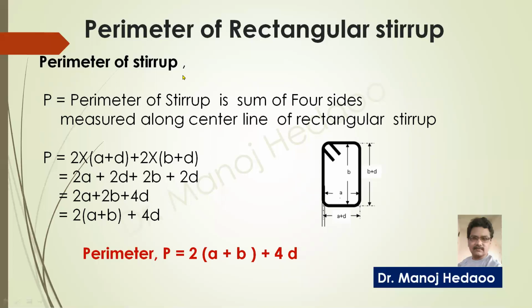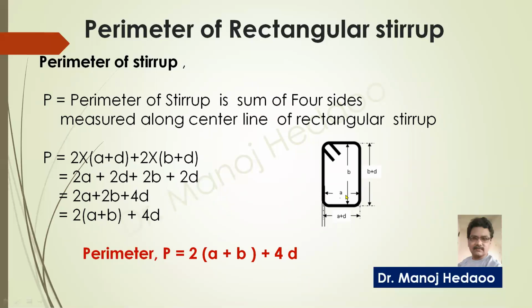Now perimeter of stirrup. P is the perimeter of stirrup, the sum of four sides measured along center line of rectangular stirrup. Again I repeat, what is P? Perimeter of stirrups is a sum of four sides measured along center line of rectangular stirrup. Here a is the internal distance, here D is the diameter, again this left side bar is there.